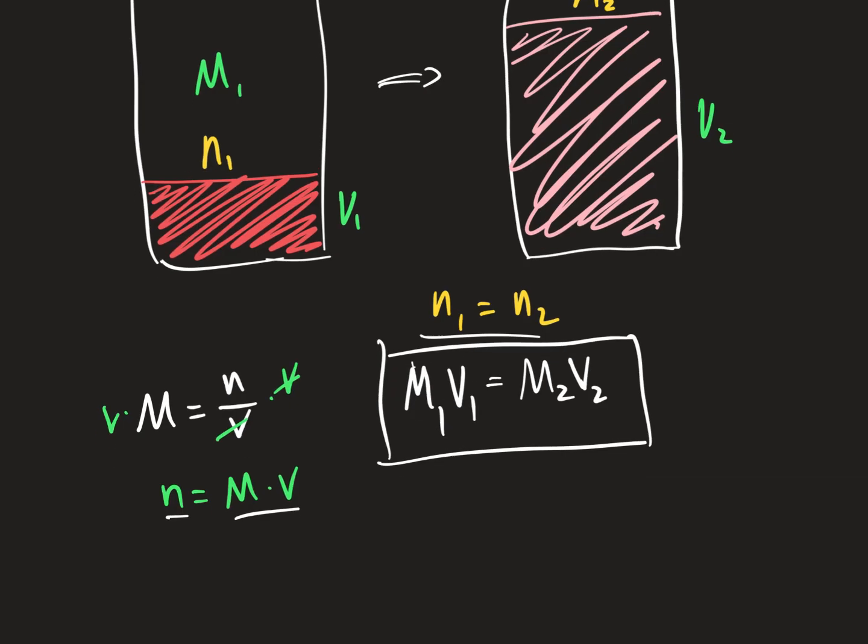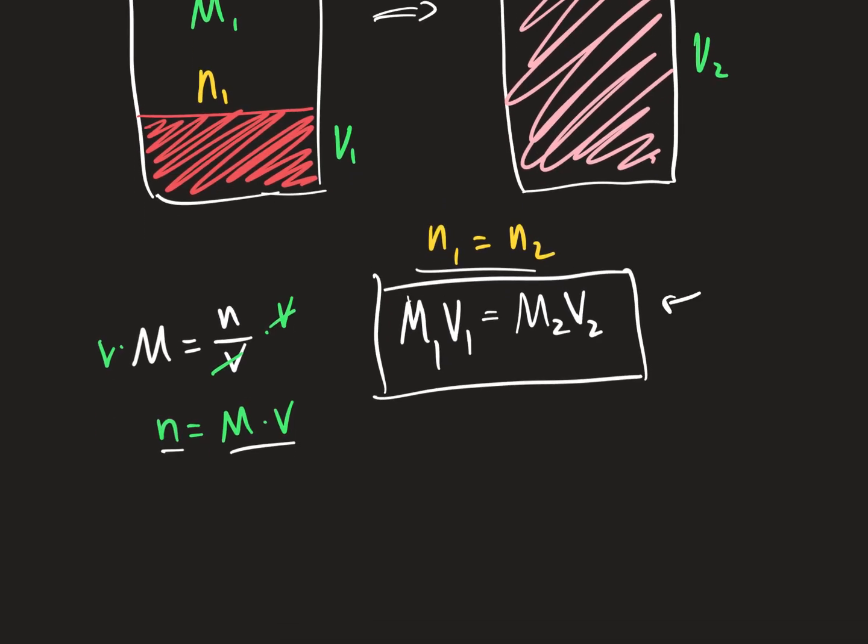All right. So we use this to find out a few things. We can calculate a new concentration from our given values here. Or we can calculate a volume if we know our concentration, right? We can solve for any one of those. Good?